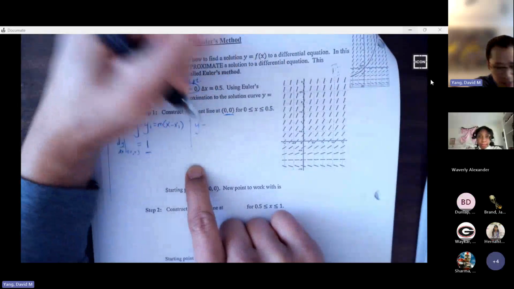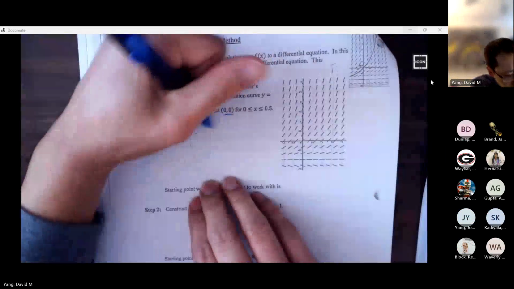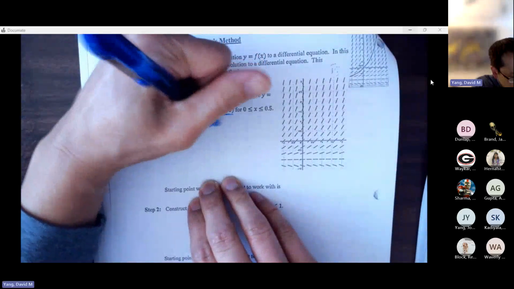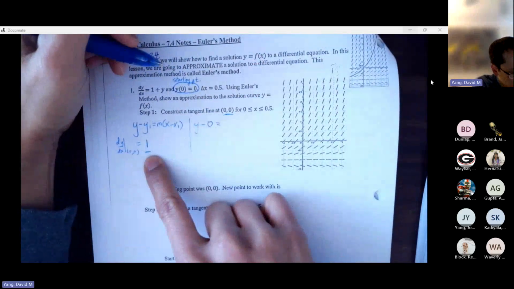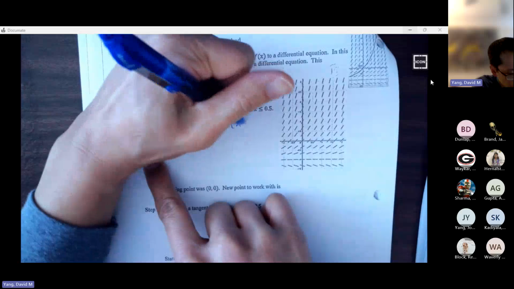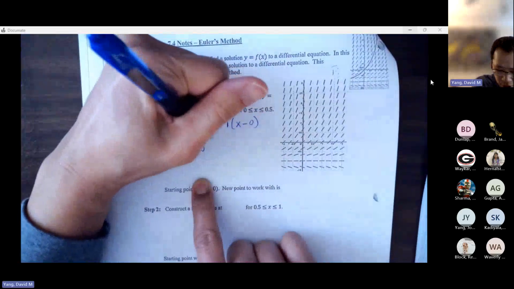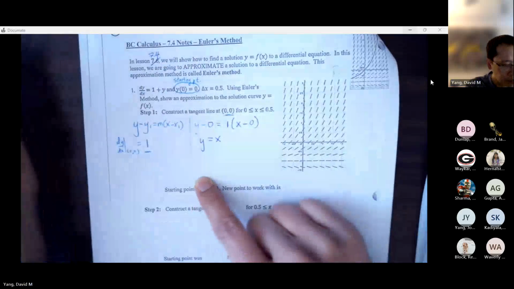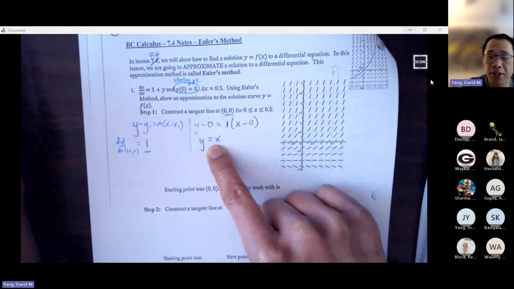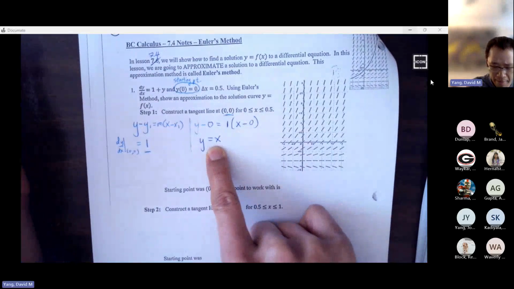So y minus 0 is equal to m, our slope is 1, times x minus 0. If we clean this up, we get y equals x. That is the equation of our tangent line.